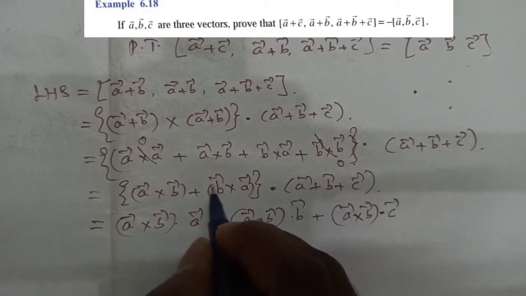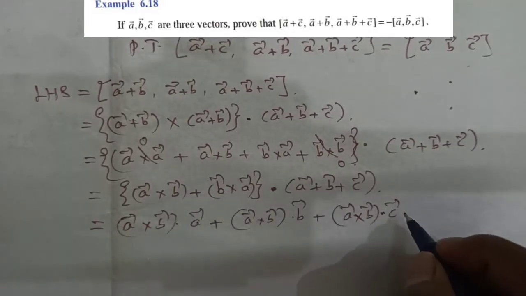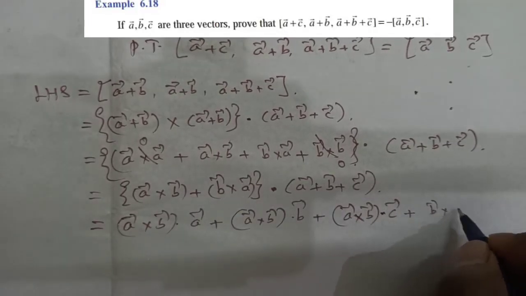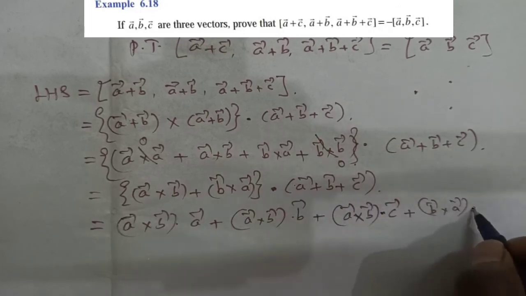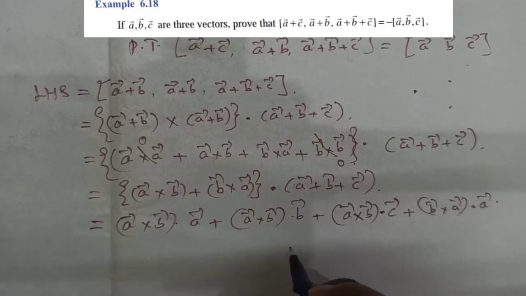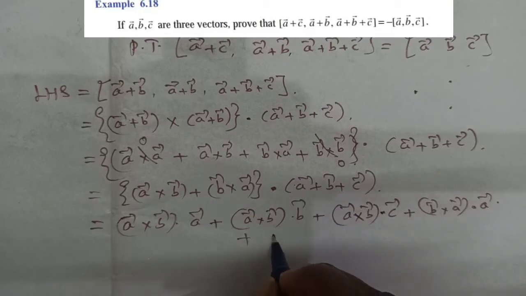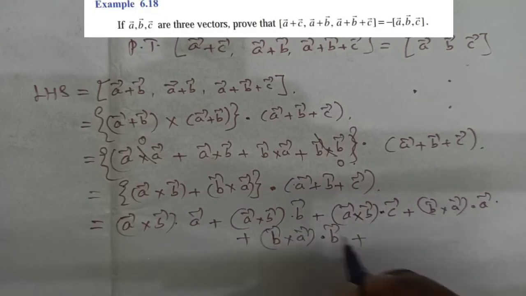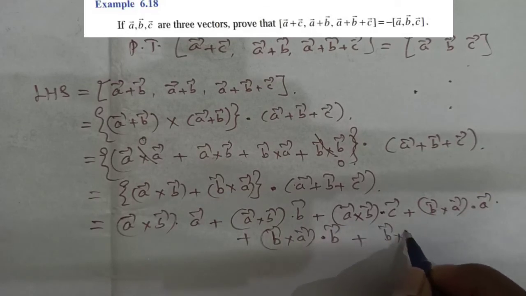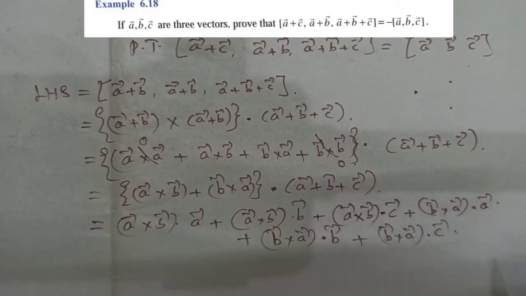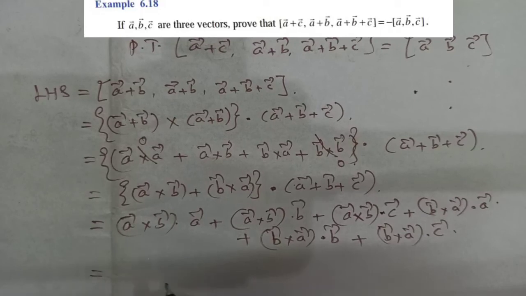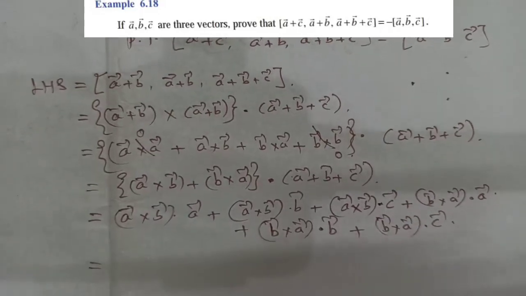Okay, so next with B cross A: B vector cross A vector dot A vector plus B vector cross A vector dot B vector plus B vector cross A vector dot C vector. Okay, in this case we can cancel some terms.